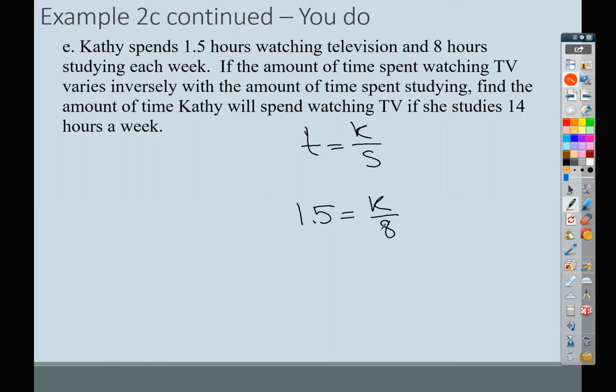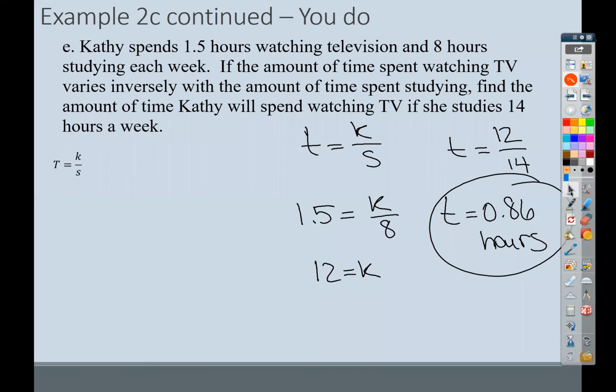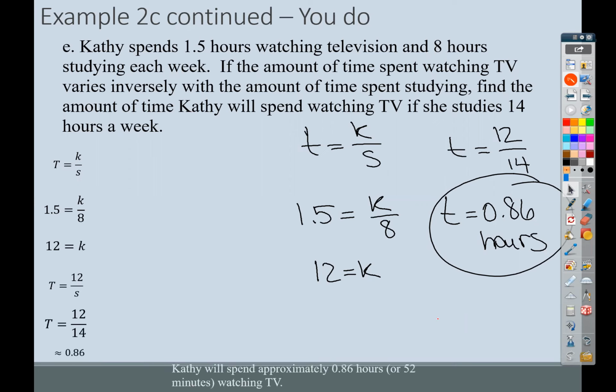If I'm solving for k, I would multiply and I would get k equals 12. So the constant of variation equals 12. How much time will she spend watching TV if she studies 14 hours a week? The time would be 0.86 hours, or 52 minutes.